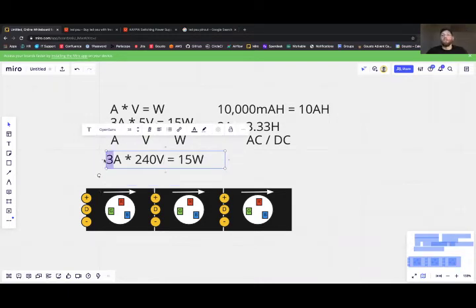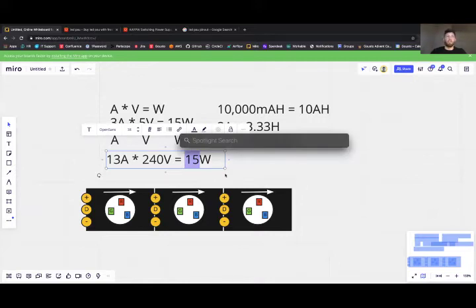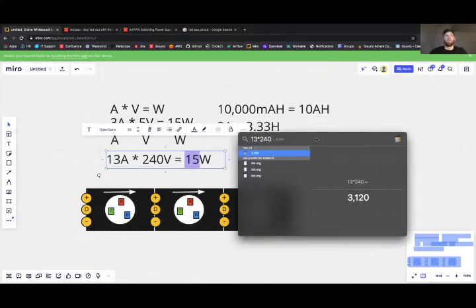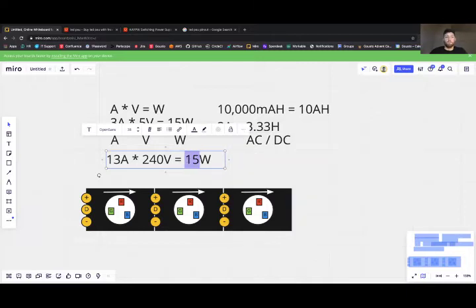Now, it may not be apparent, but a typical mains socket, at least in the UK, is capable of supporting 13 amps of current. So what total power, what total wattage can we support from one mains plug in the UK? Well, 13 times 240 is 3120 watts.